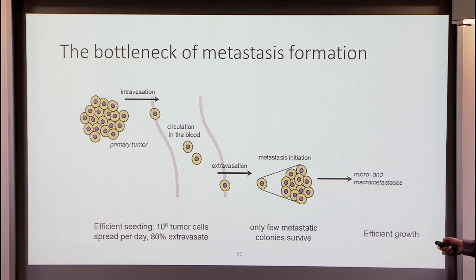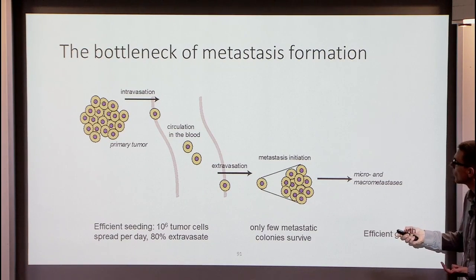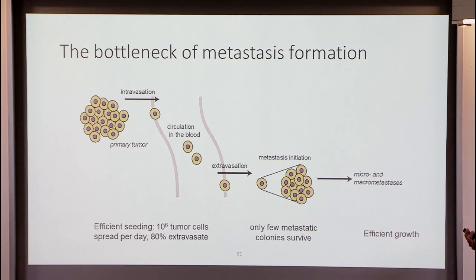But then actually seeding, initiating a new tumor, this is where only a small fraction of cells are successful. So some of them will be able to replicate in a new environment, to grow and to initiate a new tumor here. So only few metastatic colonies will eventually survive.